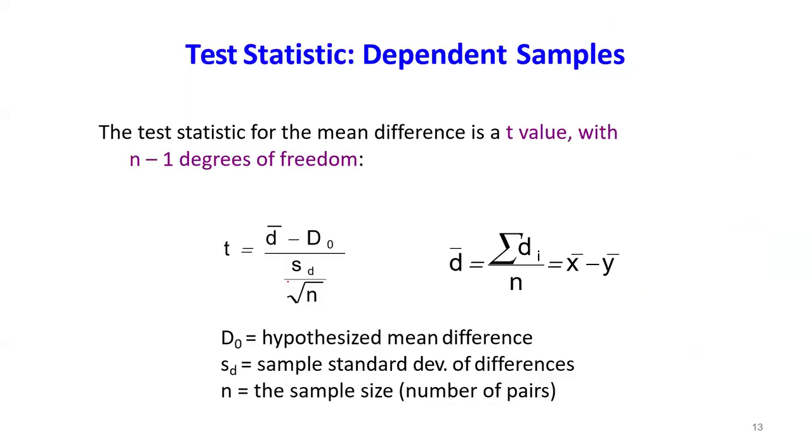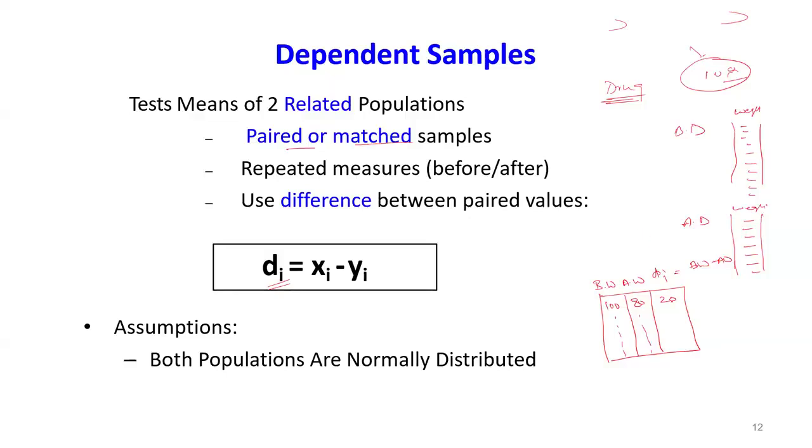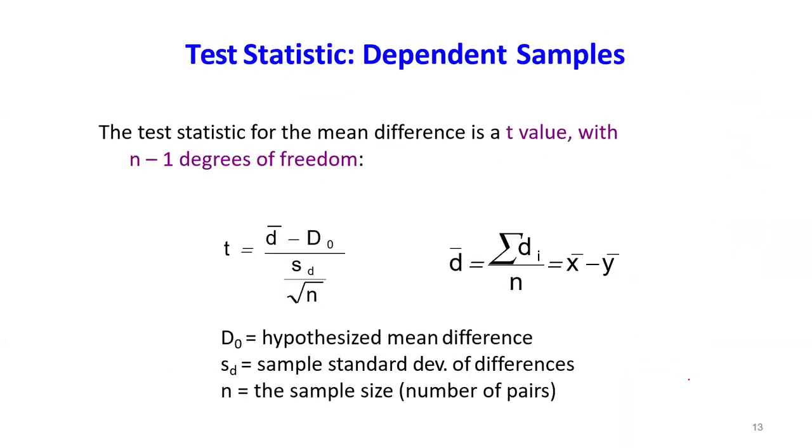Now I will calculate this Di, and then I will take the mean of this Di. That would be my D bar. Now, if you're claiming that your weights will come down by 20 kgs or 5 kgs or whatever, that will become my D0, whatever I'm claiming.